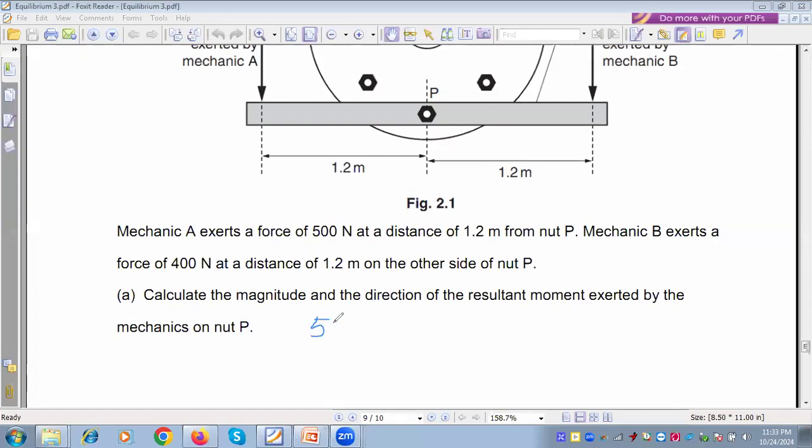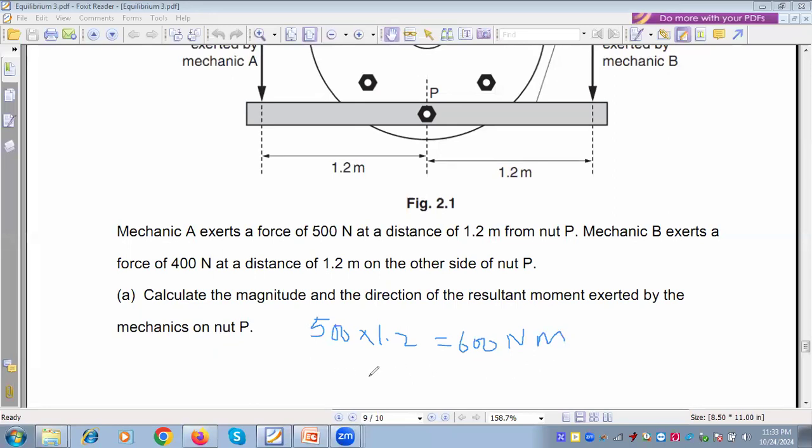500 into 1.2. How much is it? 500 into 1.2, that is 600 Newton meter.